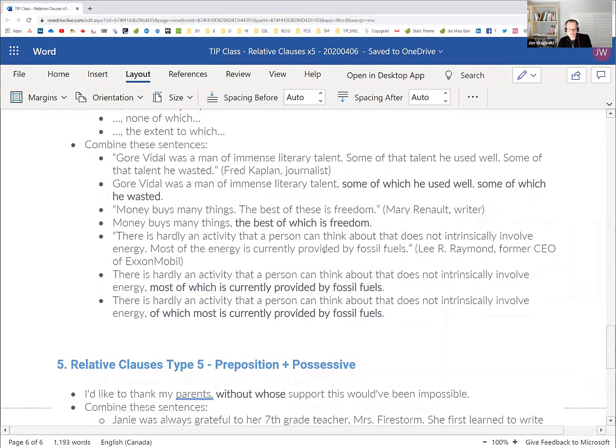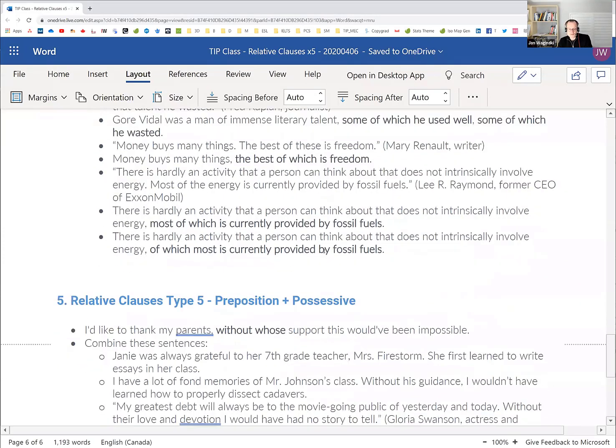All right, and the last one is much less common, but super useful, especially when you're thanking people. It starts with a preposition and it's also possessive, and it's almost always in this kind of situation. I'd like to thank my parents, without whose support this would have been impossible.